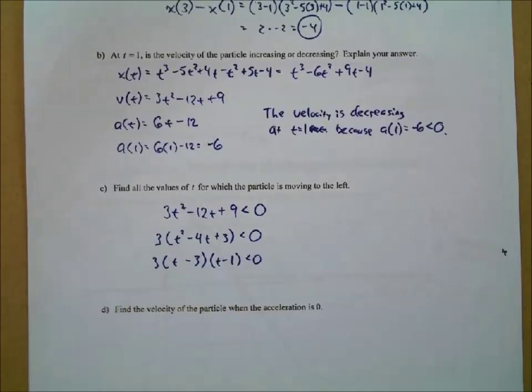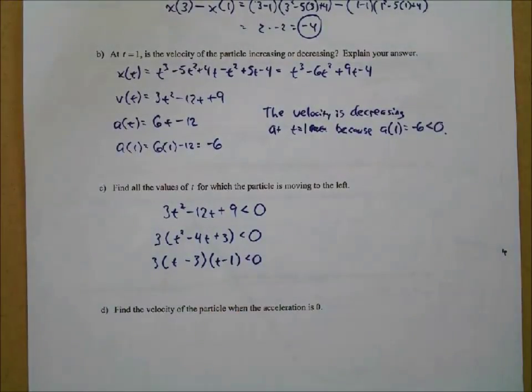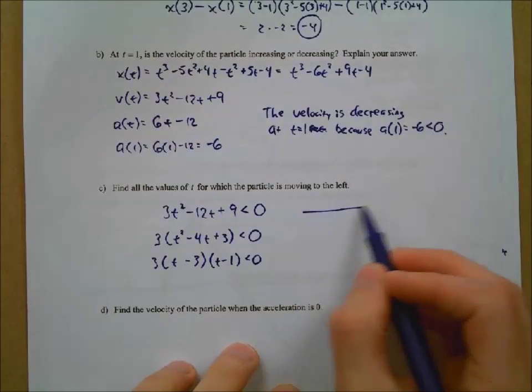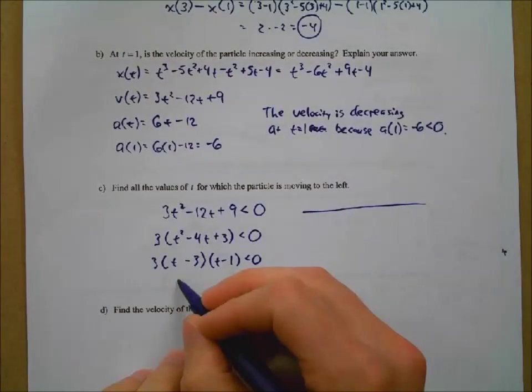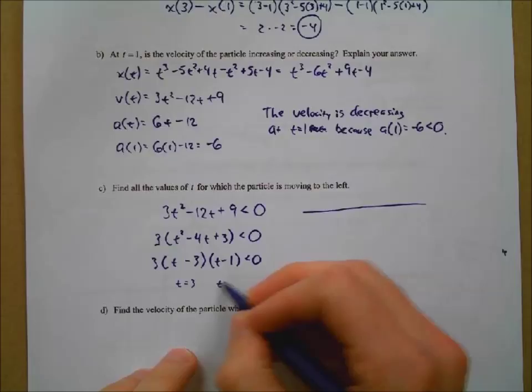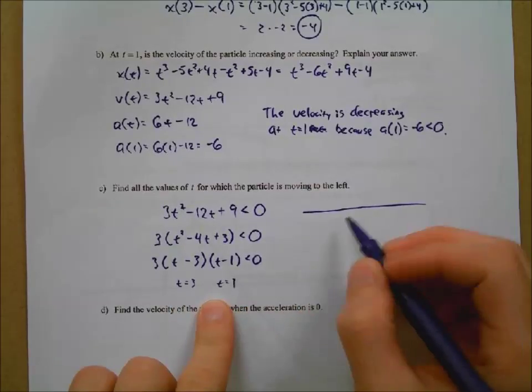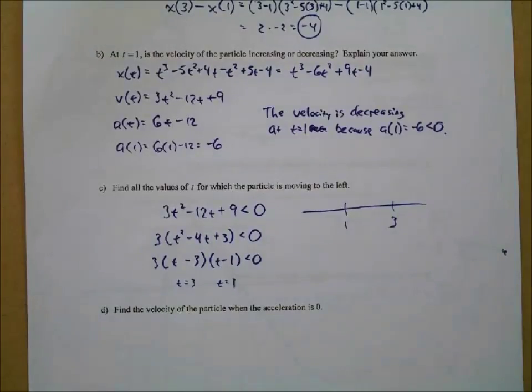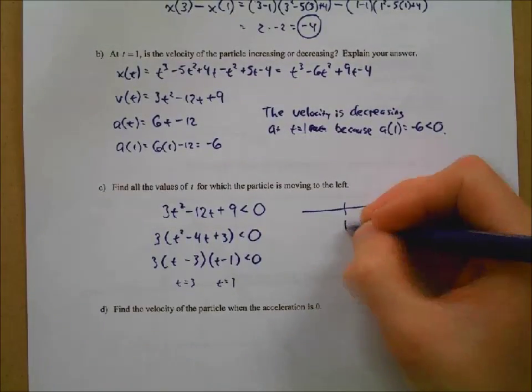Okay, we factored it, and remember what we do now? We make a little number line. So t equals 3 and t equals 1 are going to be our zeros. I'll put 1 and 3 on my number line.